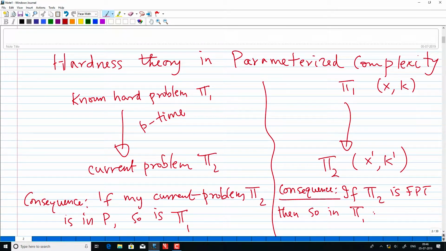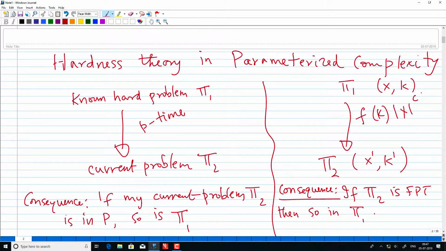I am given a little more time, not just polynomial time, because I am allowed some f of k times the input size. So what time should I allow for the reduction? FPT time. So I should allow myself f of k times cardinality of x to the power c time. I am allowing a lot more time because overall I want to take FPT time.